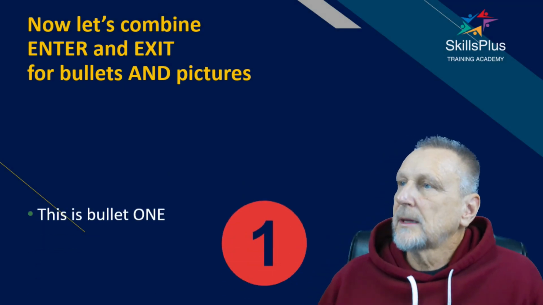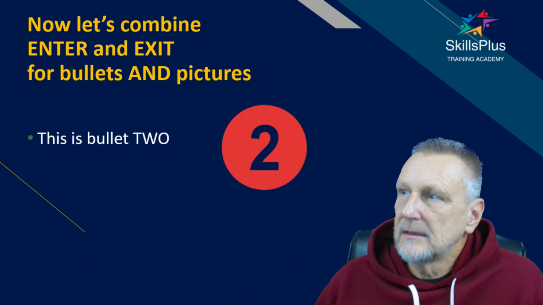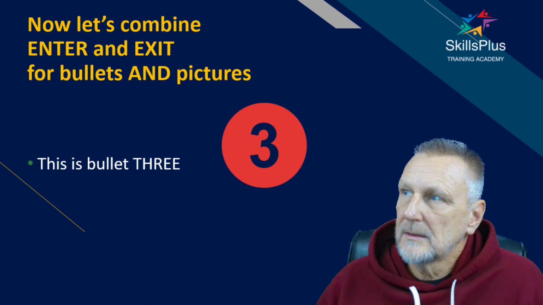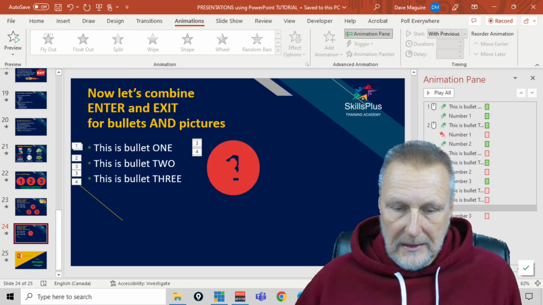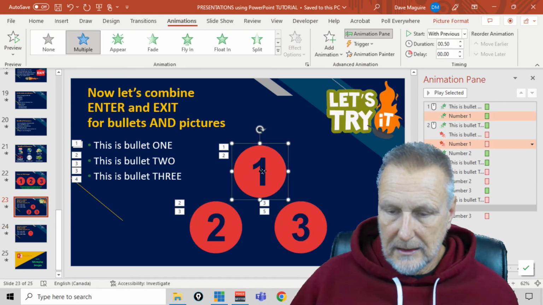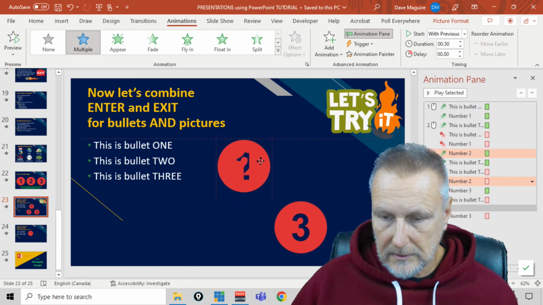So this has all the same animations, but you'll see that the image is landing in the same place, landing and leaving from the same location. To do that, all I did was move the images around and stack them on top of each other.